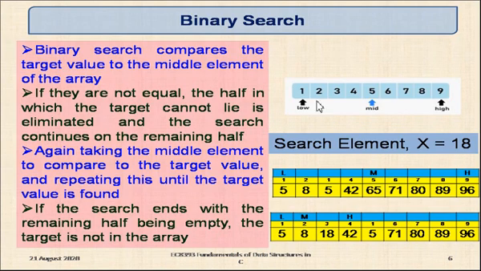You see here, binary search compares the target value to the middle element of the array. Assume that I have 9 elements in my array or list.